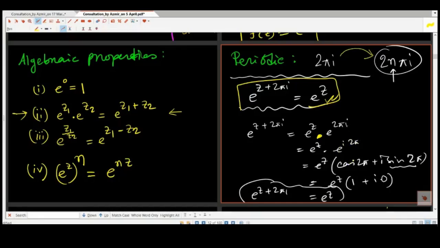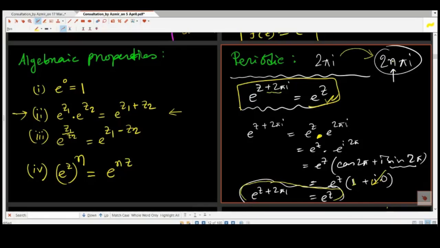By using Euler's identity, we can write cosine theta plus i sine theta. So we know that cosine 2 pi, cosine 360 degrees, is 1, and sine 360 degrees is 0. So we have e to the z times 1 plus i times 0. So this part vanishes. We have e to the z. So that means complex exponential functions are periodic.